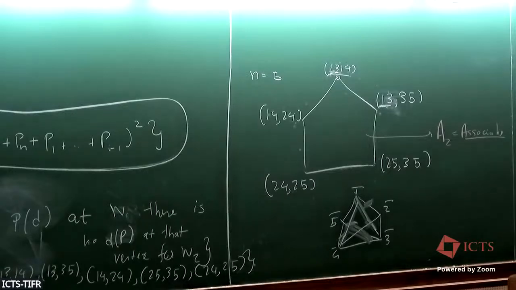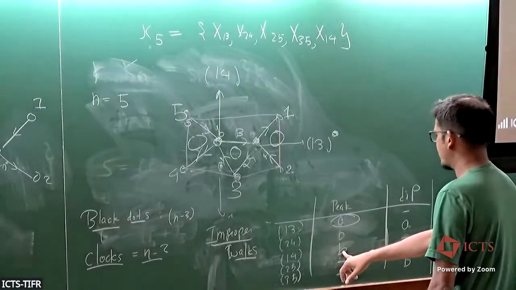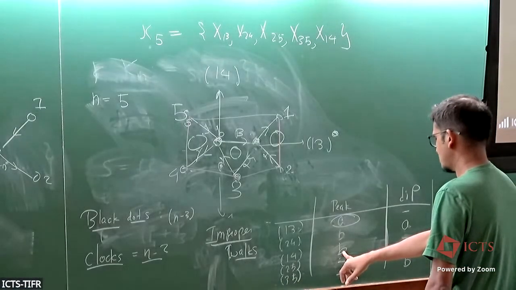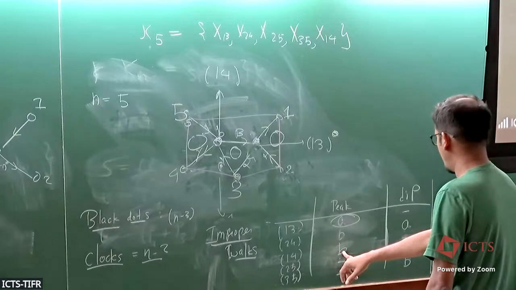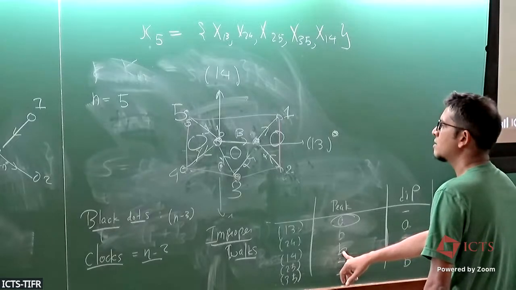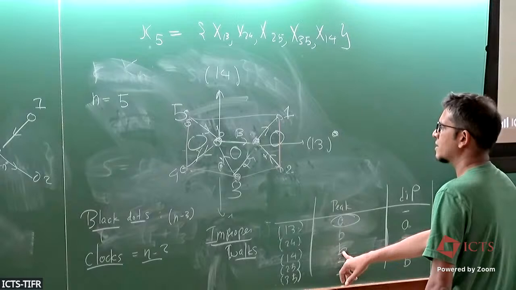Say the last line again. 1425. 14 and 25. 1425 is non-colliding. You are correct. 1425 is indeed non-colliding. 14 is a dip at B and a peak at A.